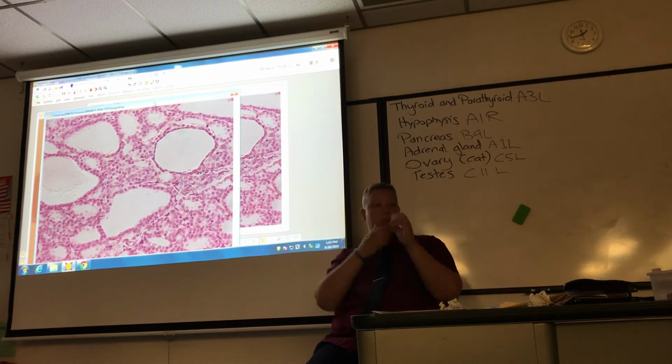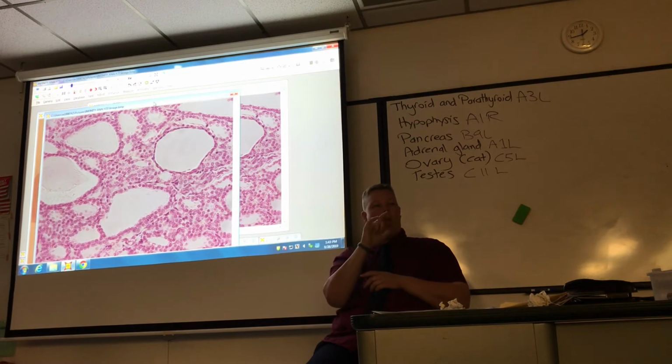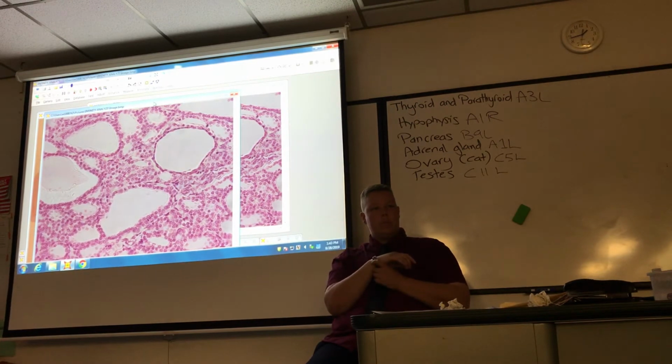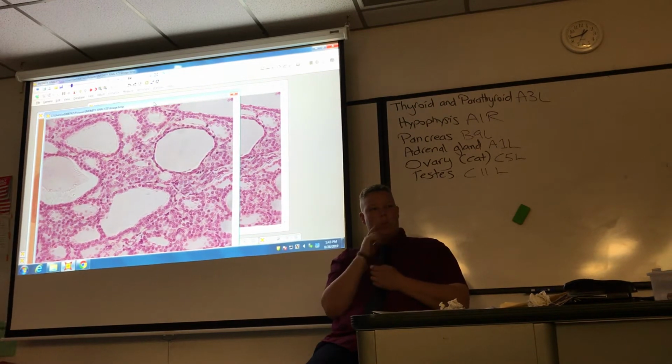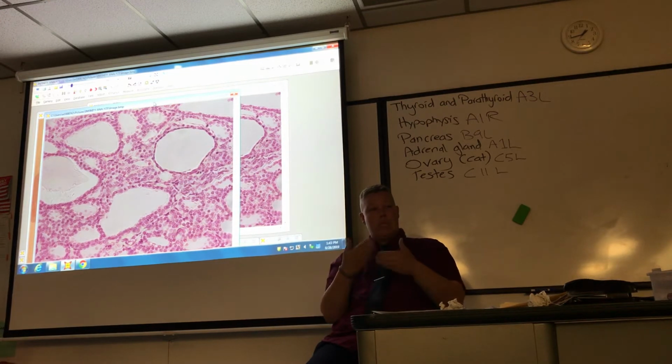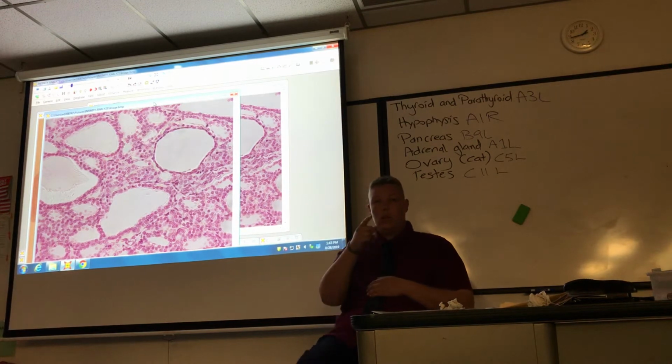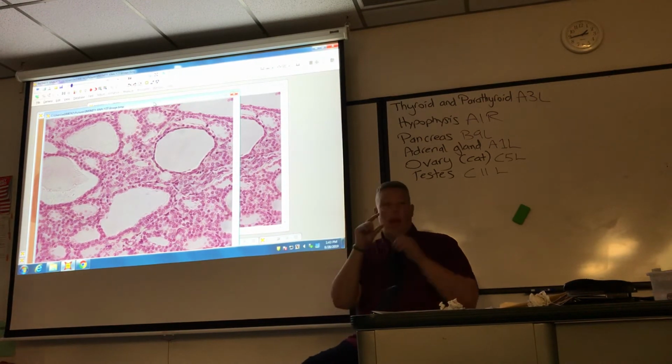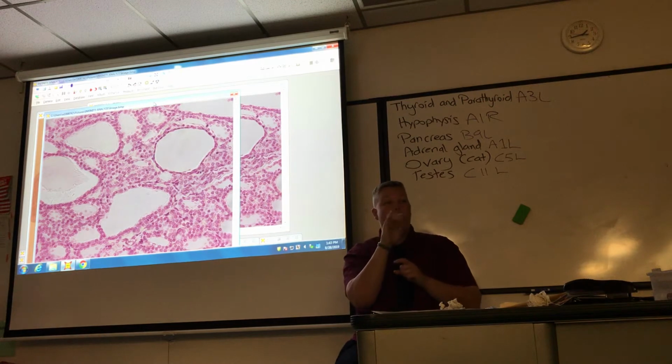Okay? Any questions on this slide before I proceed? I'm going to move on to pituitary or hypophysis. So I'm sorry, just the cuboidal cells around the colloid is the whole follicle, and then everything out of that is the C cells? Correct. Okay. Yeah. Thank you.